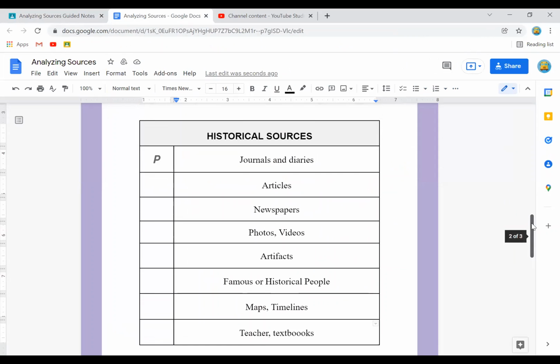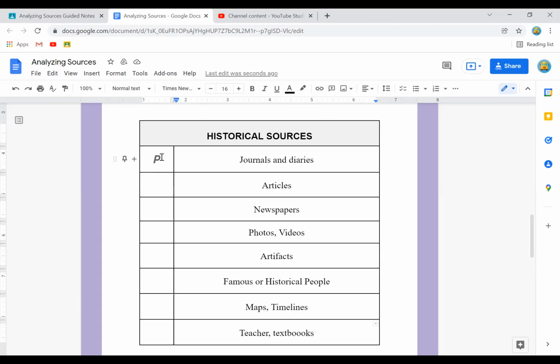So once again, this is kind of review. You need to make sure you did the primary and secondary guided notes and watch that video, look at the slides, because this is how you'll know. But just to review, primary sources are sources that are from the event or time period. So journals and diaries are primary sources.